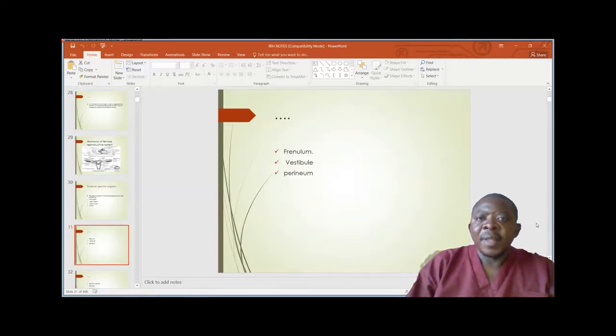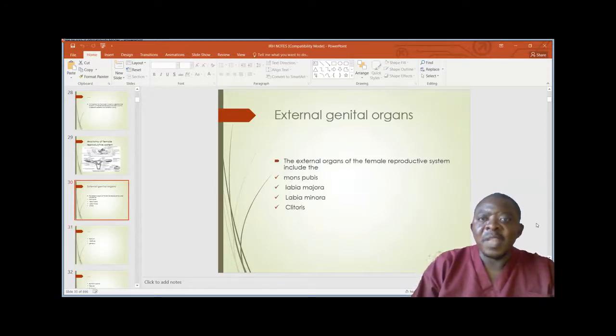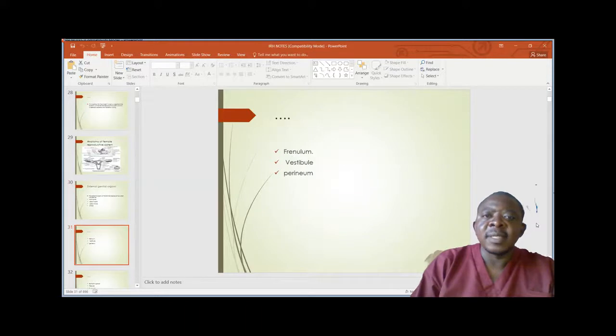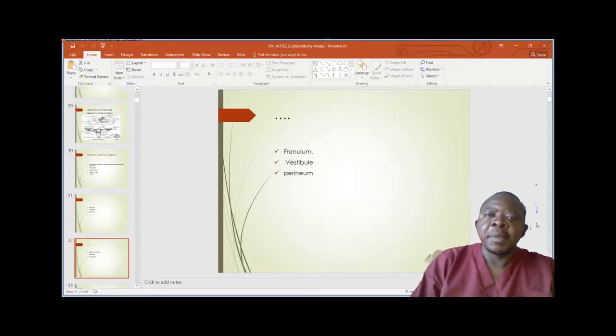Then other things within the external include the frenulum, vestibule, and the perineum. So they form the external genital organs: mons pubis, labia majora, labia minora, clitoris, frenulum, vestibule, and perineum.